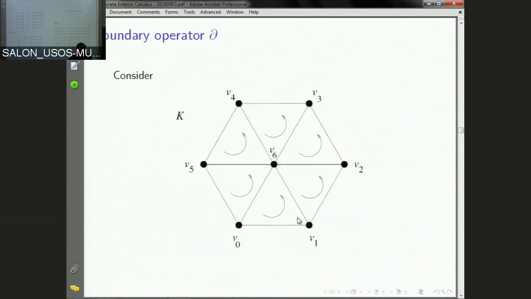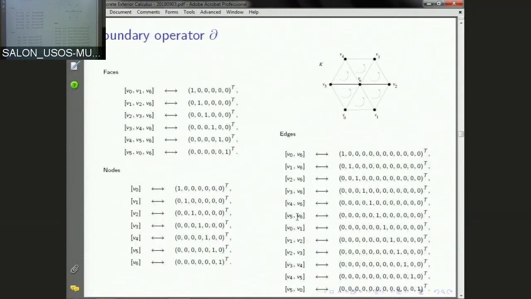So what we're going to do is to assign a coordinate vector to each face. So we have 6 faces, we are going to have 6 coordinate vectors, right? We have 7 nodes, we are going to have 7 coordinate vectors. And in terms of edges, I have 12, similarly. Okay?